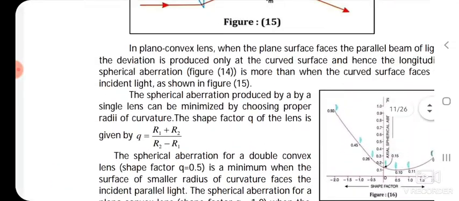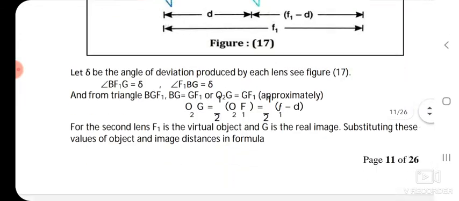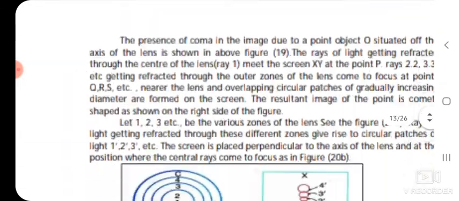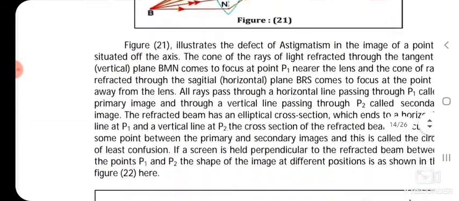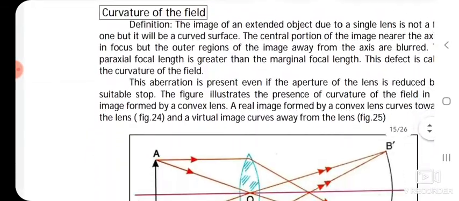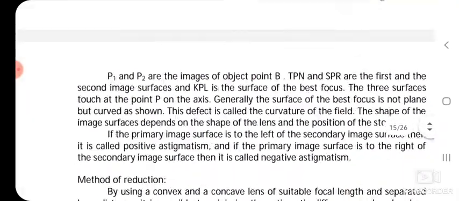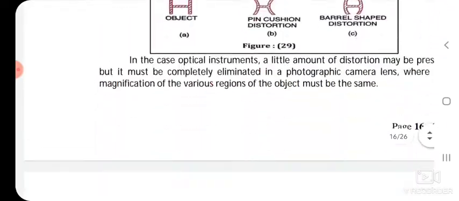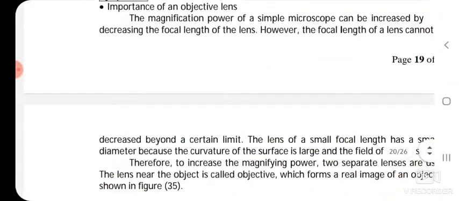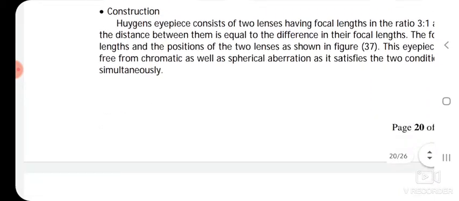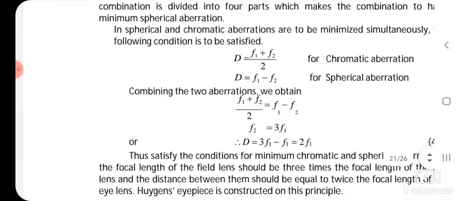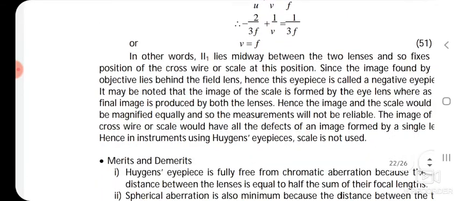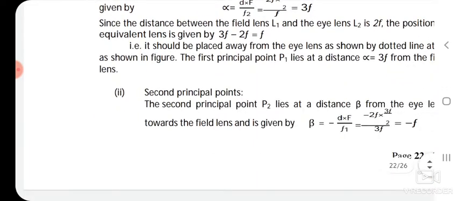After that, in eyepieces, first we have to discuss the Huygens eyepiece, its construction, its working, its theory, and equivalent focal length, some merits and demerits, and its cardinal points.